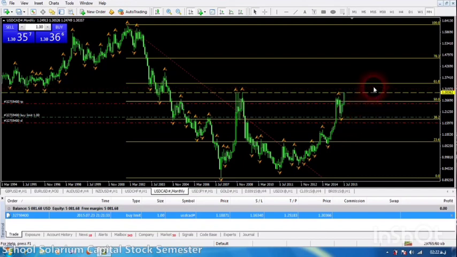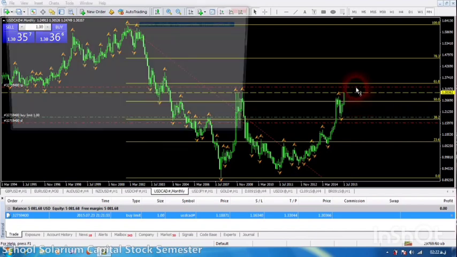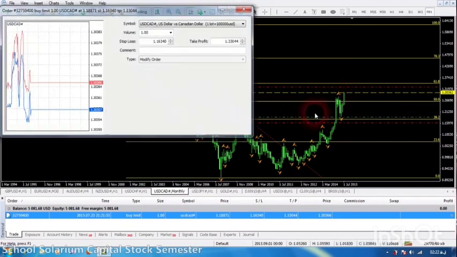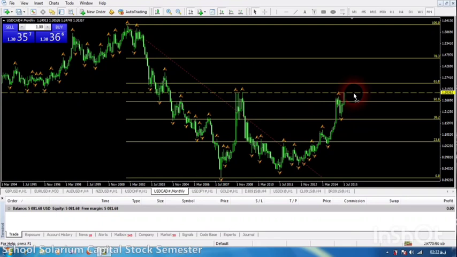And after that, when the price goes up, it will reach my take profit and I'm going to gain the profit. So that was about buy stop and buy limit.